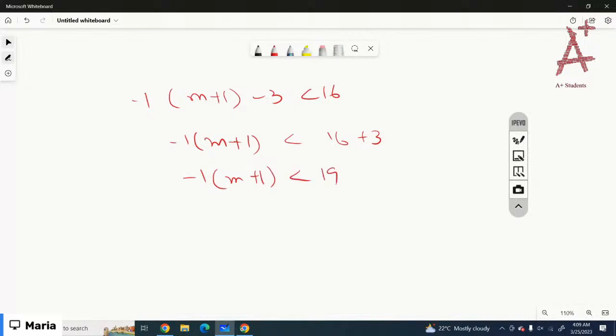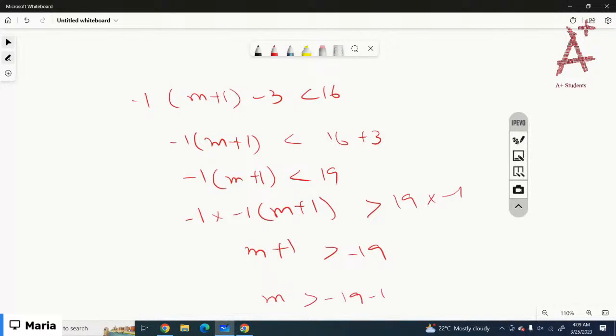Got it? So just multiply both sides of the inequality with negative 1. It would be negative 1 times negative 1 times m plus 1 is greater than 19 times negative 1. Negative 1 and negative 1 is positive 1. It would be m plus 1 is greater than negative 19. Move 1 to the other side, it would be negative 19 minus 1.